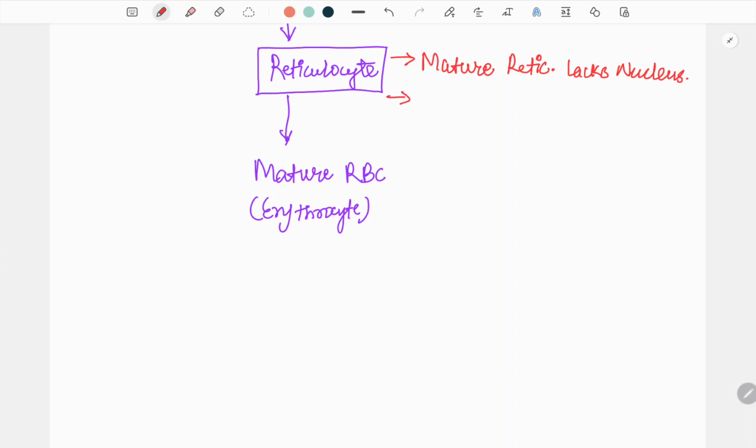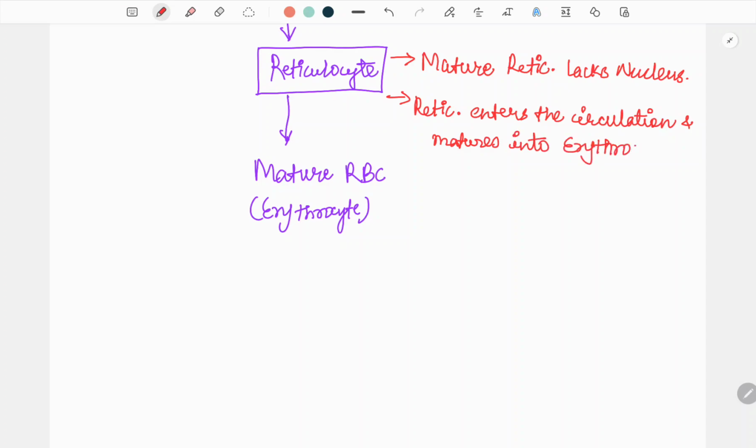Second thing about reticulocyte is very important: reticulocyte enters the circulation and matures into erythrocyte. So this cell, the RBC, enters circulation at what step of erythropoiesis? We'll answer reticulocyte. Reticulocyte enters the circulation and matures into erythrocyte.